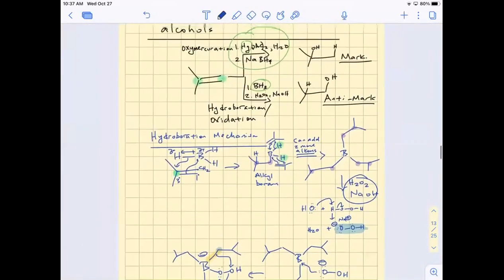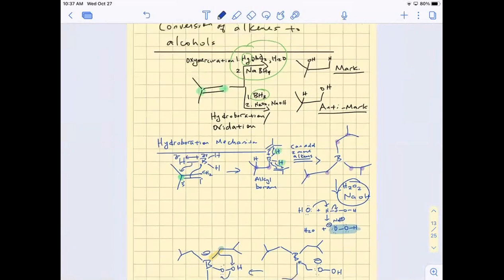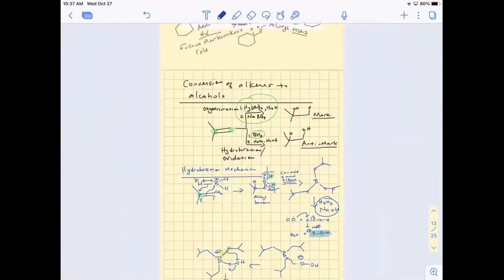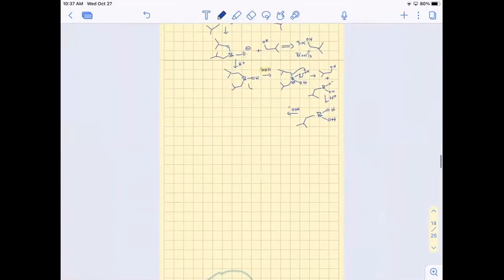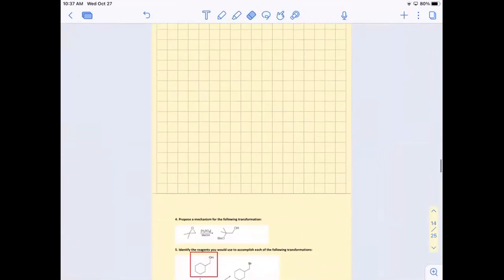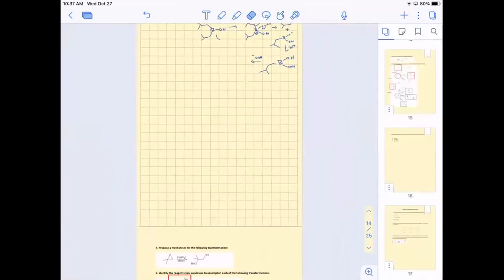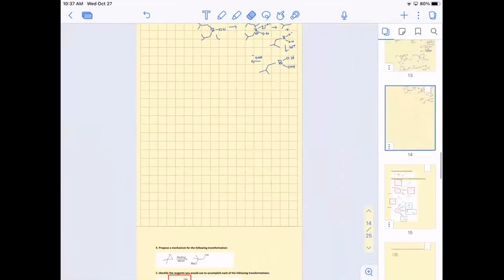Right, and then for oxymercuration, let's look at that real quick. The mechanism for that is also a pretty detailed mechanism. I'll put another page in because I'm going to have to adjust that so it doesn't get cut off.